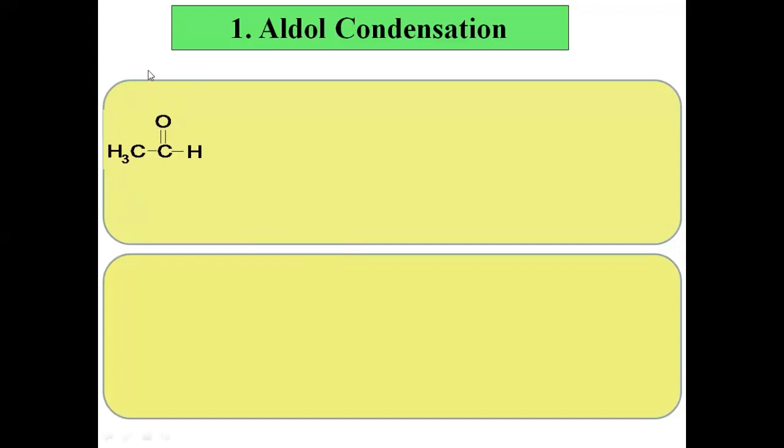Okay, this is carbonyl group, and suppose this first carbon is alpha carbon, it has three alpha hydrogen atoms, means that compound shows aldol condensation. To show the aldol condensation, that carbonyl compound must have at least one alpha hydrogen atom. For example, acetaldehyde. Now this acetaldehyde, when warmed with dilute alkali, suppose it is warmed with dilute NaOH.